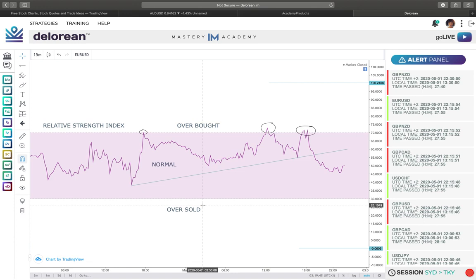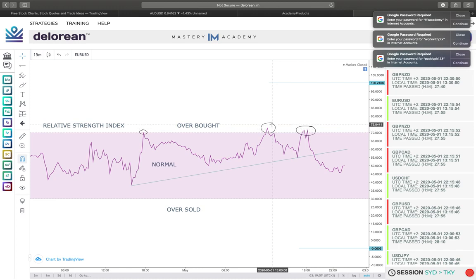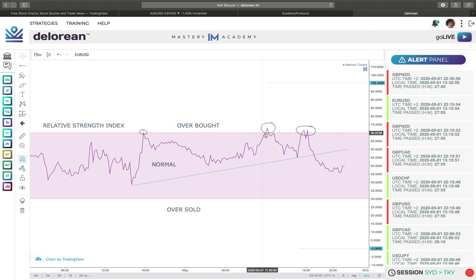Well, first, let's discuss if the market is up here. So if the market is up on top, would you guys guess that you should be looking for alerts to buy or sell when you see the RSI here via Delorean?